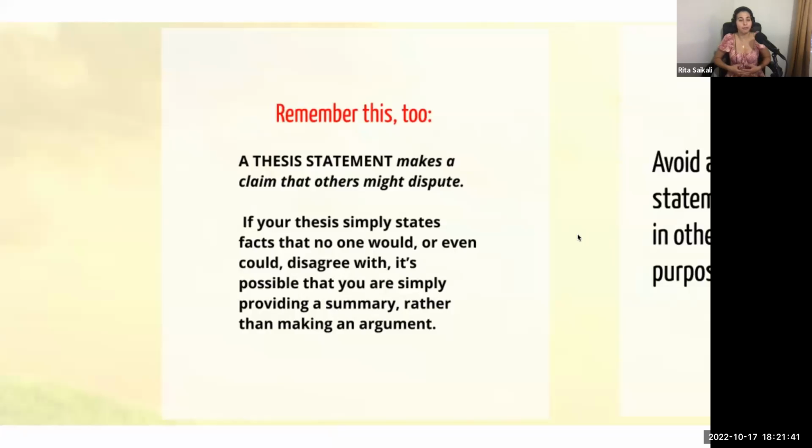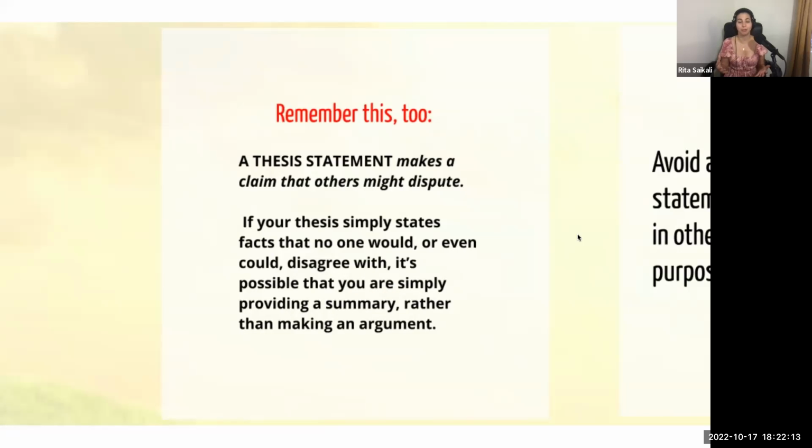So if your thesis doesn't allow for someone else to dispute or argue against what you're saying, it's not a strong thesis. If I say I'm nice, I'm strong, and I'm independent, then someone can argue that you're not strong or independent because you do X, Y, and Z. You are not interesting because you don't hike every Saturday.